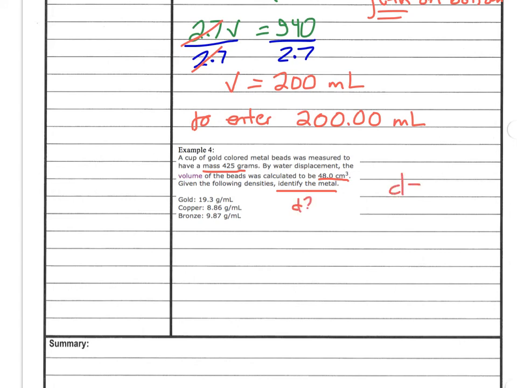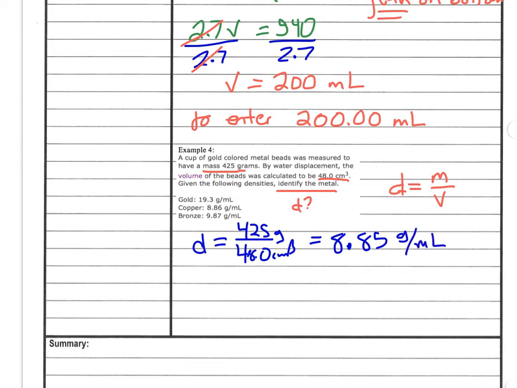So here's our equation. D equals M over V. I like it when I have to use this one because I don't really have to change anything. D equals the mass, 425 grams, over the volume, 48.0 centimeters cubed. When I plug that into my calculator, 425 divided by 48.0, I get 8.85 grams per milliliter.